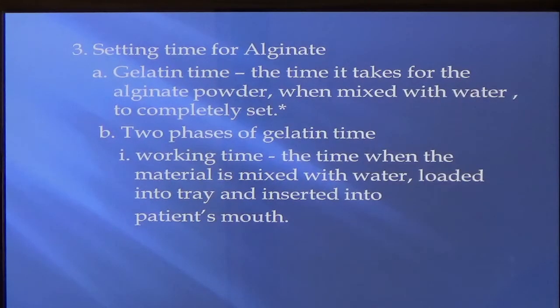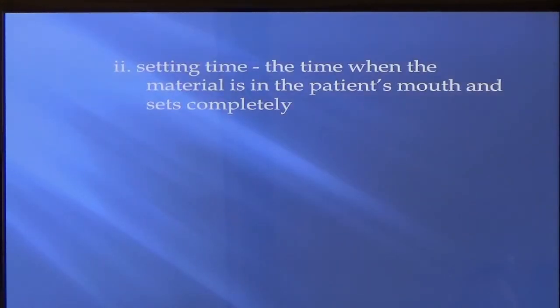But the total working time for a fast set is about 2 minutes. The setting time is once you put it into the patient's mouth, and that's what's called the setting time, once it's in the mouth. So you have mixing time, setting time, and then the whole thing is called working time. How much working time you have.